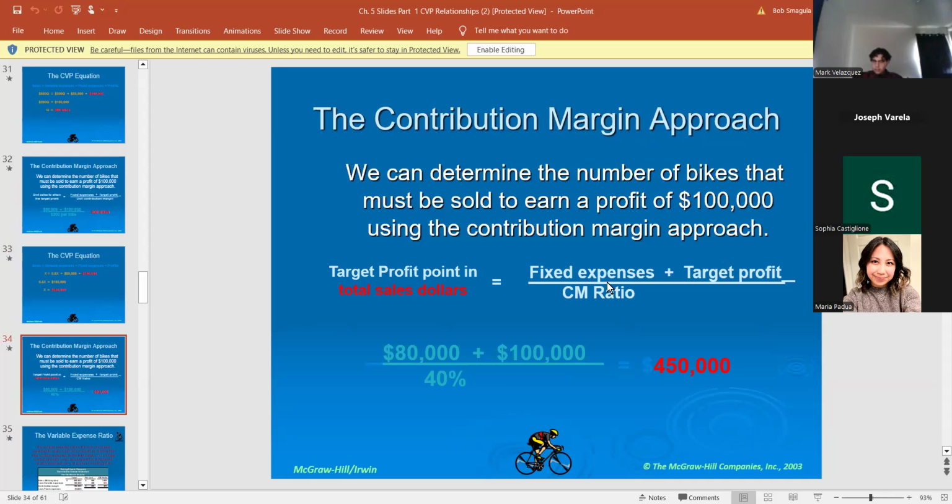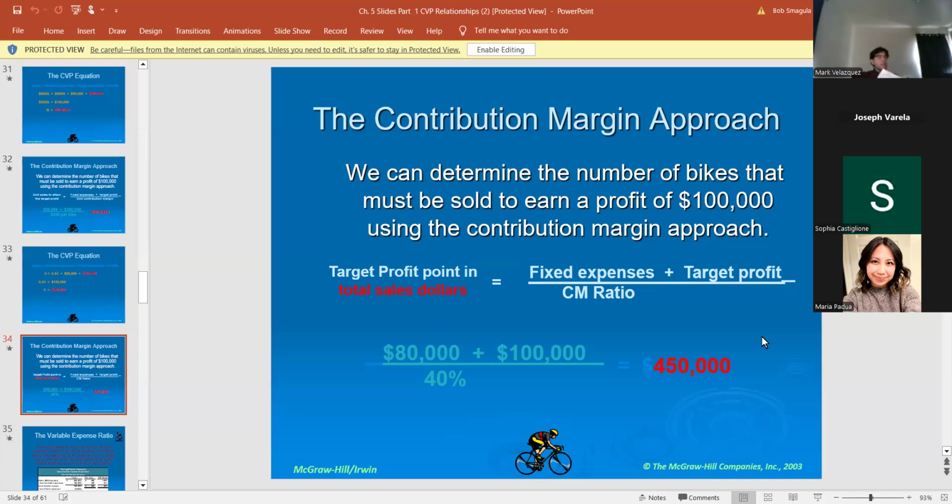Fixed expenses plus our $100,000 target, that is 180,000 divided by 40%, 0.40, gives you $450,000. We have to sell $450,000 worth of bikes to earn a profit of $100,000.